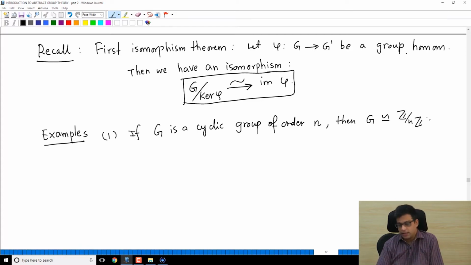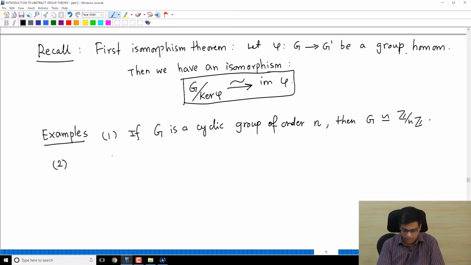So any cyclic group is of the form Z mod nZ, and this was an immediate corollary of the first isomorphism theorem, because we look at the homomorphism from the integers to the group G, sending 1 to the generator of the group G. So then the kernel will be precisely nZ. It is an onto map, so there will be an isomorphism like this.